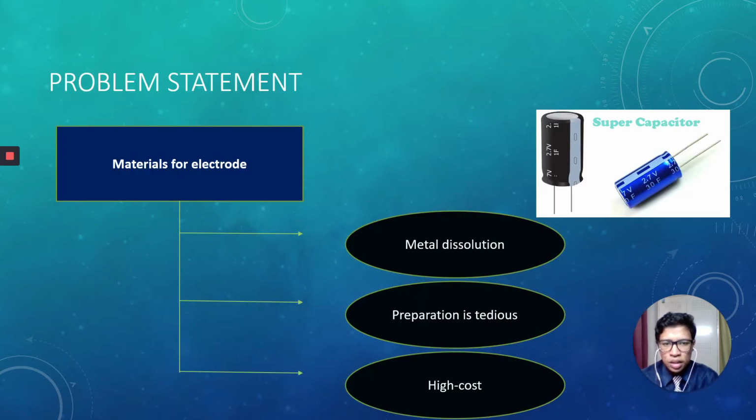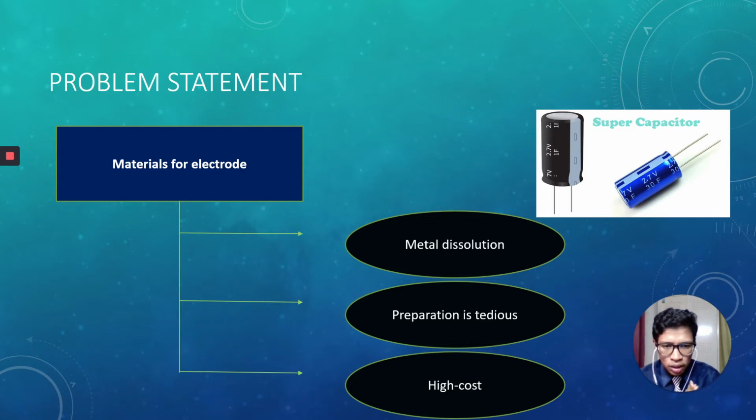Okay, next is the problem statement. Materials for electrode. Usually, the electrode used in the supercapacitor is metal. But metal has many problems. For example, the metal can dissolve, which means it is easy to corrode, and also its lifespan is quite low if we use it frequently.